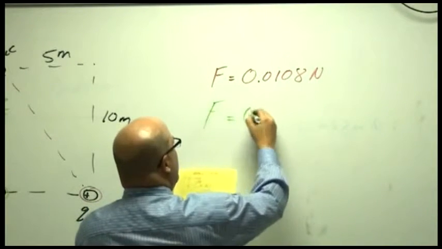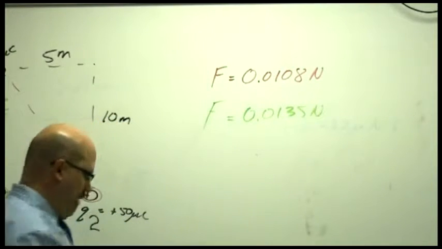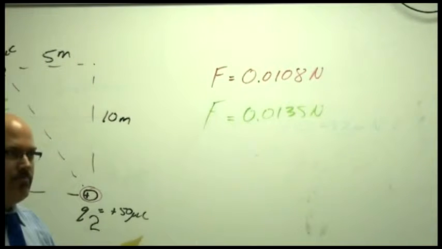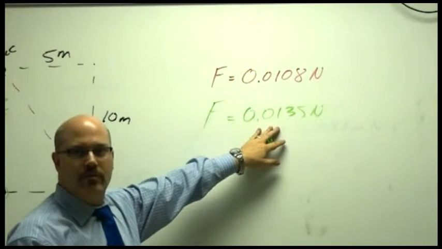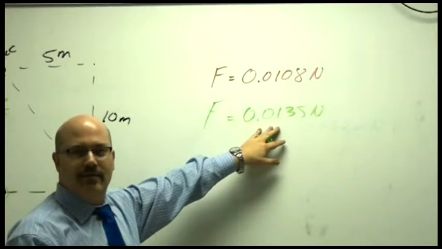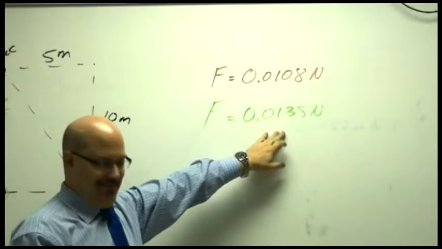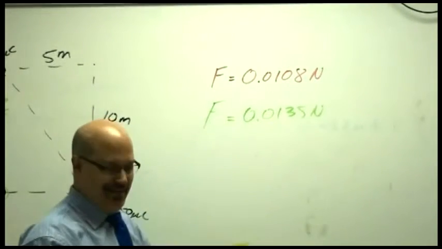It's 0.0135. Is that correct? No, that's not what I got. I got 0.054. I got what you got. All right. I believe the people that believe me. Nice. All right. I claim correctness.